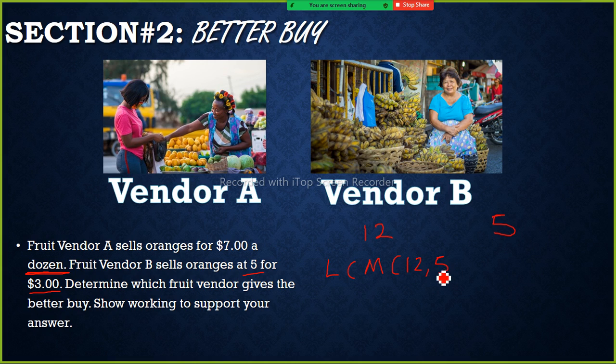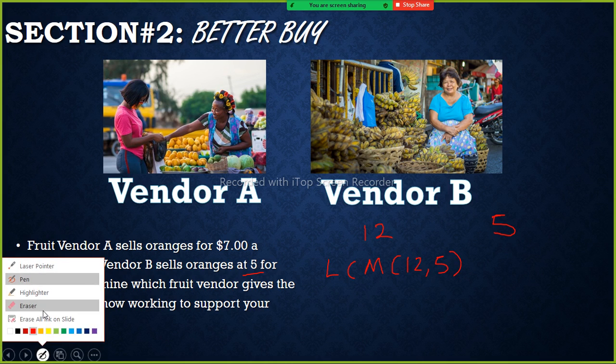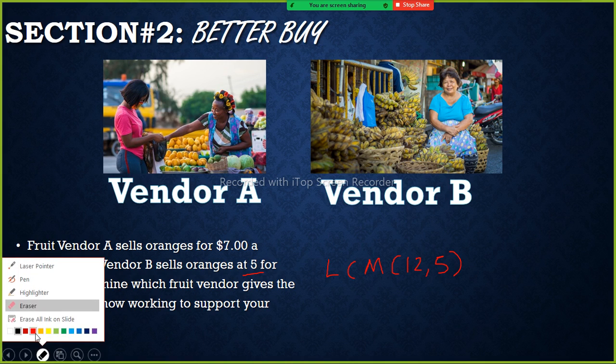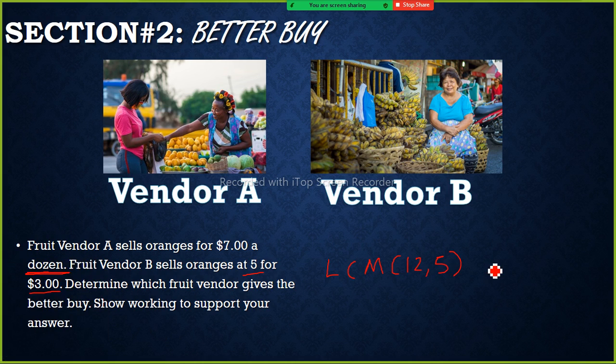You have 12 and 5, and you're trying to find the lowest common multiple of those two numbers. What is the lowest common multiple of 12 and 5?